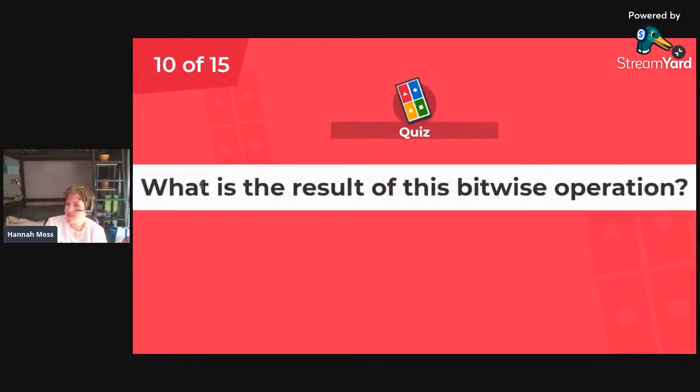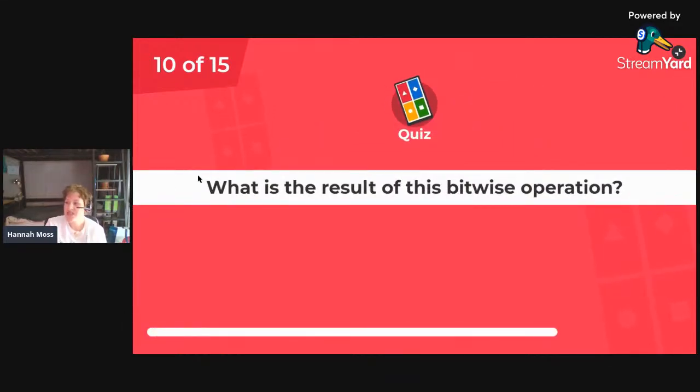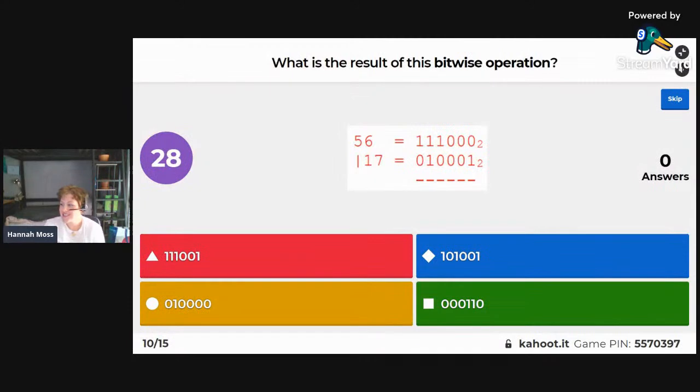Cool. And we're on question 10 of 15. What is the result of this bitwise operation? So we're doing a bitwise OR here. Fortunately, the answers are also in binary, so that helps a little bit.